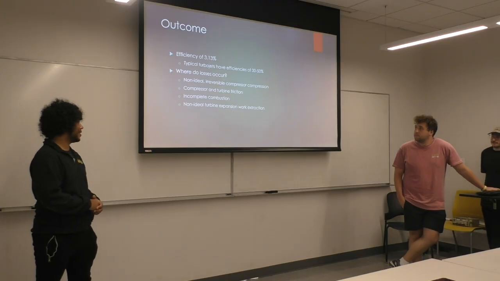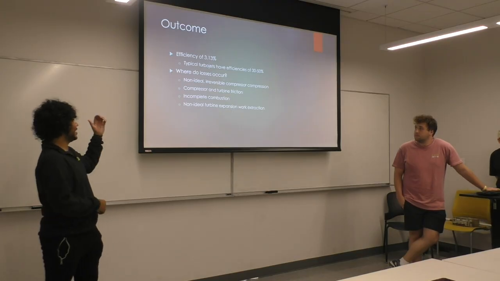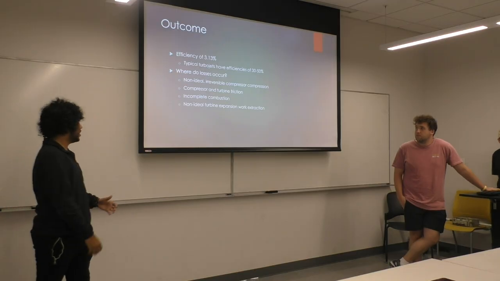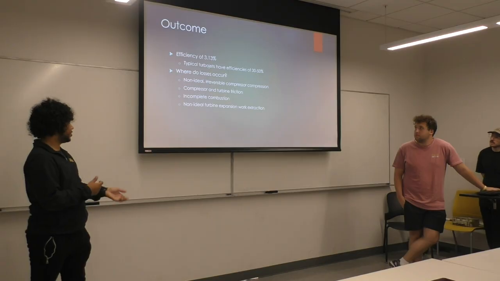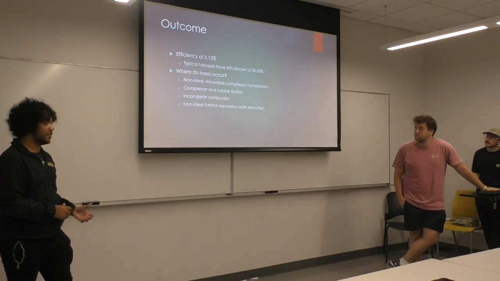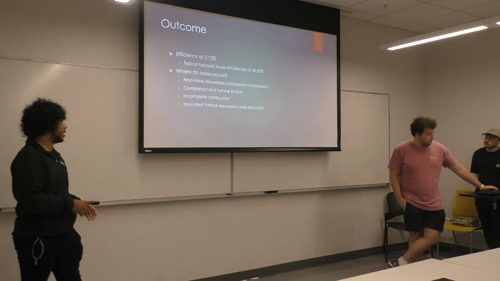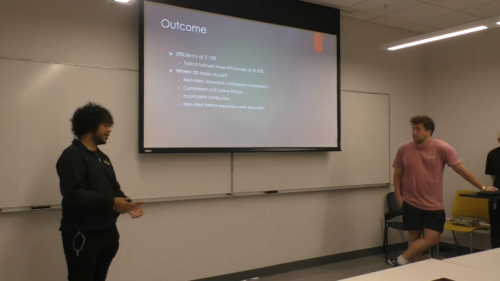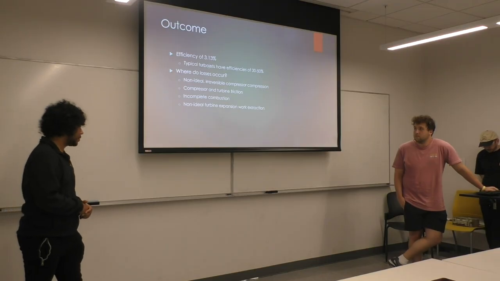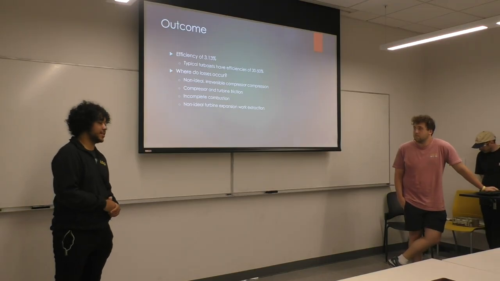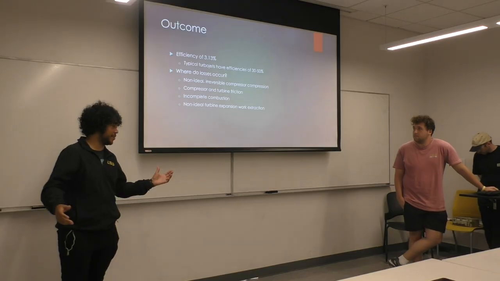So it's probably not the most well-designed machine, and that is part of the reason why the efficiency is so low. There's also a non-ideal irreversible compression in the compressor, and then there's friction in the turbine and compressor. Incomplete combustion could also contribute to these losses, and there's non-ideal turbine expansion and work extraction. There's a bunch of things that just lower that efficiency since they're not optimized for this setup.